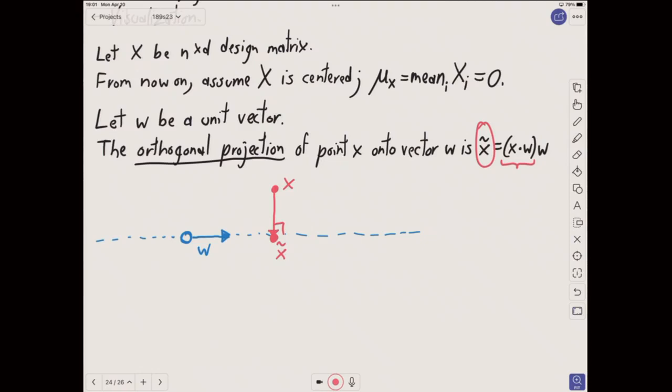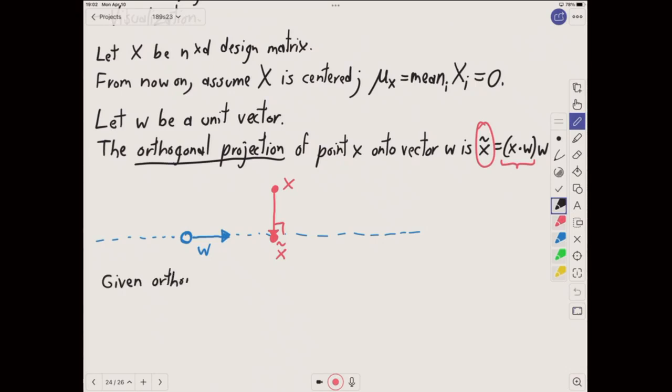So pick several directions. Those directions span a subspace. We want a way to project x down onto that subspace. This is easy to do if the vectors you have spanning that subspace are orthonormal. So they're all perpendicular to each other. They're all unit vectors. In that case, it's really easy to generalize this projection formula to a multidimensional subspace.